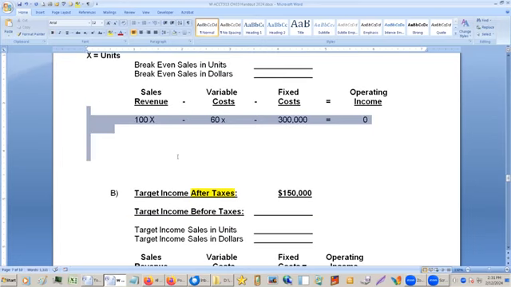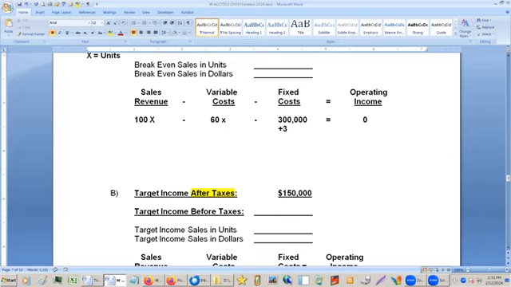Minus 300,000. So if we add 300,000 to each side, trying to get all the numbers on one side and the variable on the other.